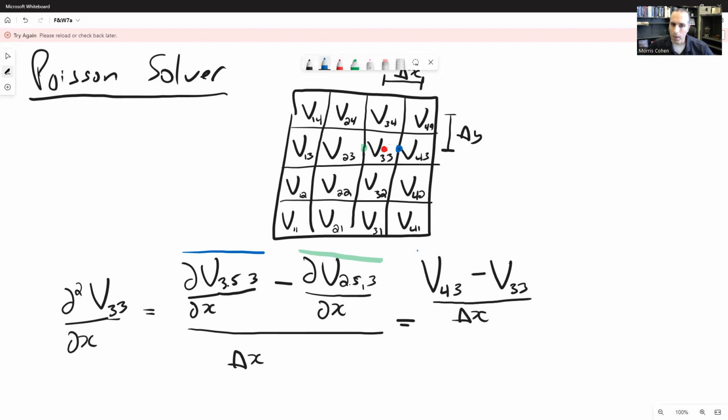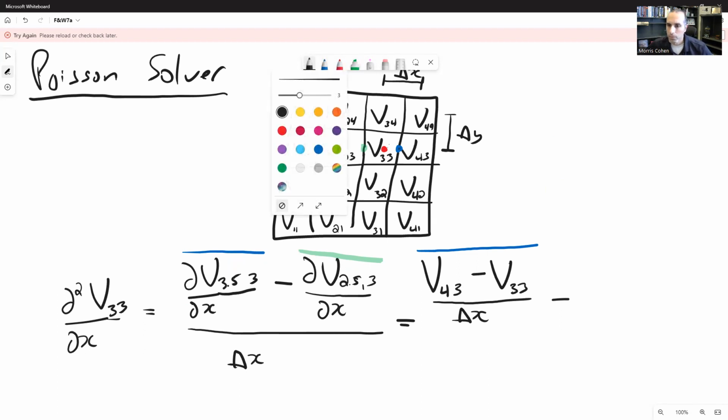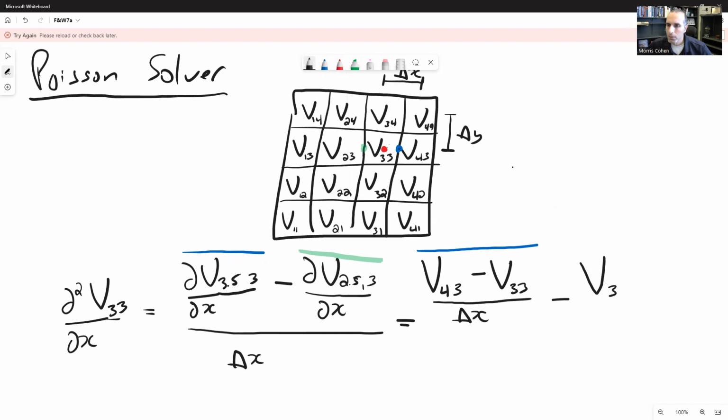This represents our approximation of that first blue term. We just approximated the approximation to get the second derivative. Let's do the same thing for the green term: minus V at 3,3 minus V at 2,3, divided by delta x.